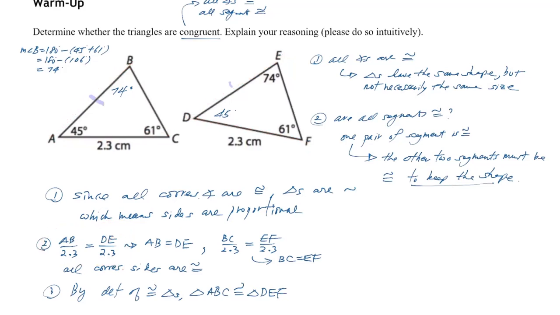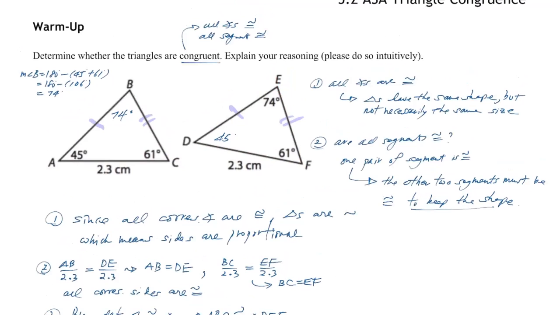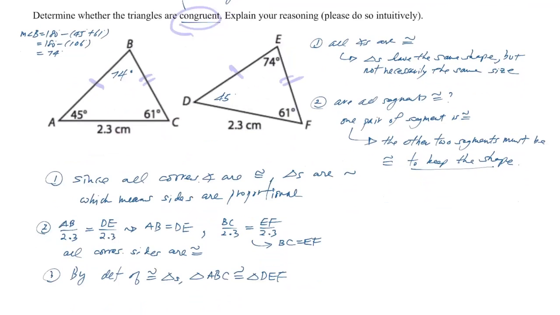So these are the same. For the same reasoning, we do BC over 2.3 and EF over 2.3, which have to be the same. And from there, we can see that BC and EF are congruent. That being said, all three sides have to be the same. So by the definition of congruence, the triangles have to be congruent, right?